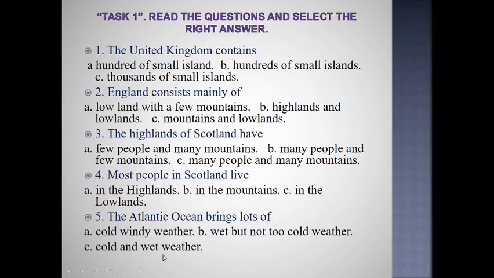And now, task 1. Read the question and select the right answer. Look through these questions, please.